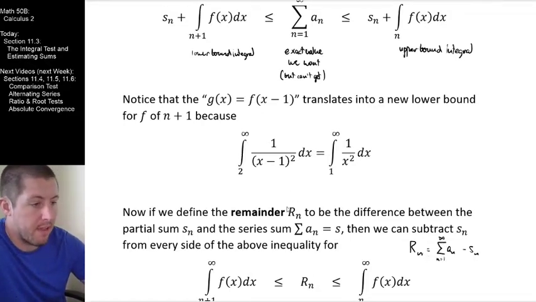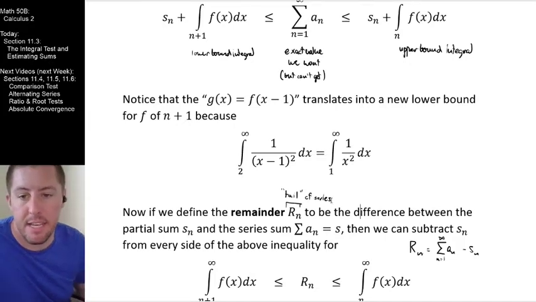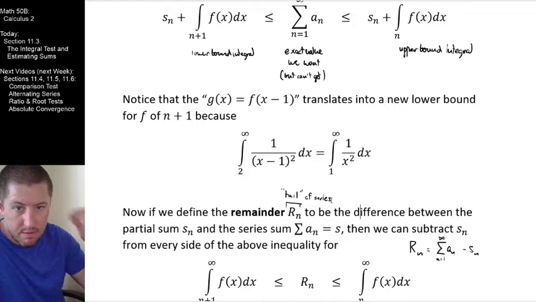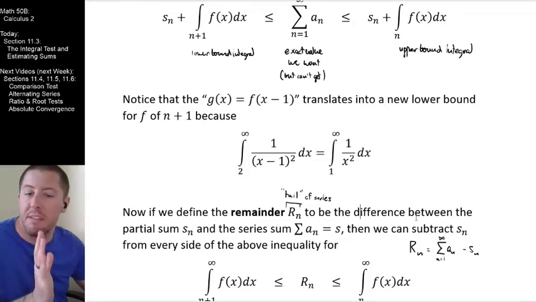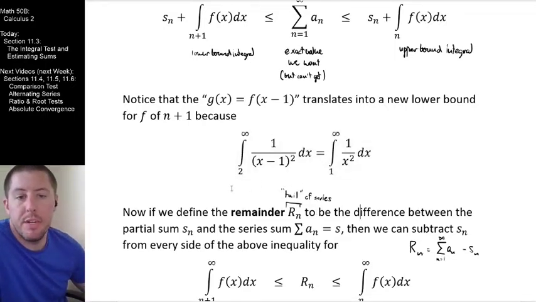So this is like the tail. It's the remaining parts that we didn't get in our exact value computation for the first partial sum of the first like 5-ish terms. And so all I'm going to do is subtract S sub n from all of my terms.